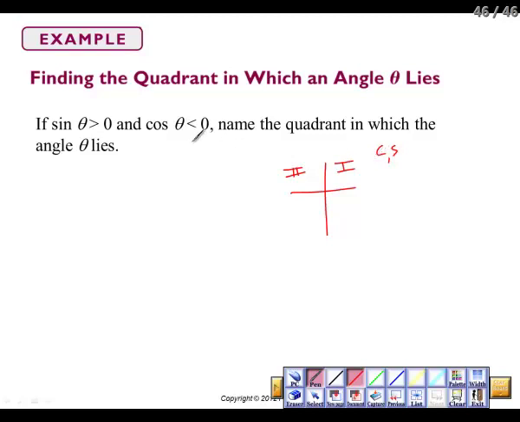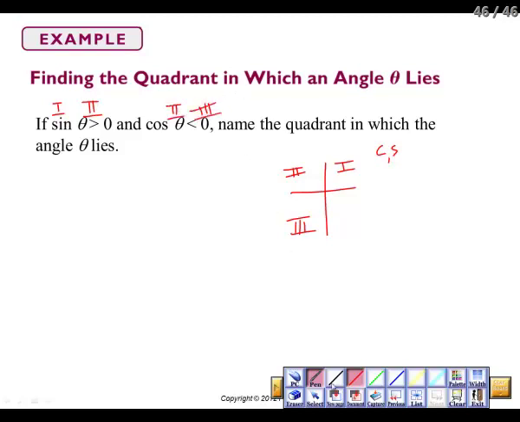Now cosine is negative. Well, cosine is like x, and x is negative in quadrants 2 and 3. So here, sine is positive in quadrants 1 and 2, and cosine is negative in quadrants 2 and 3.